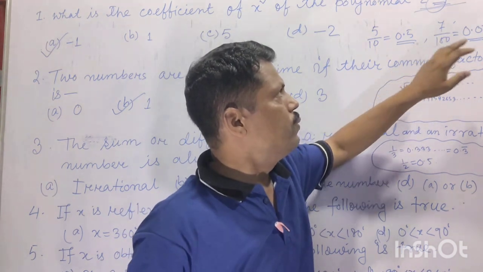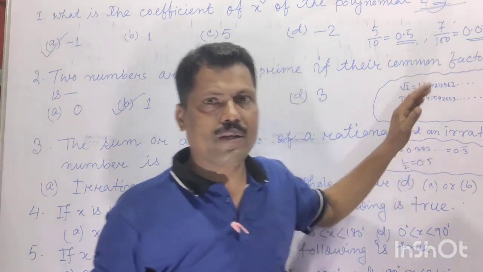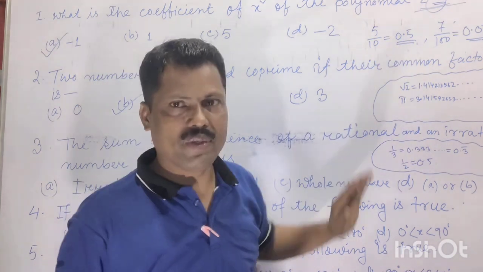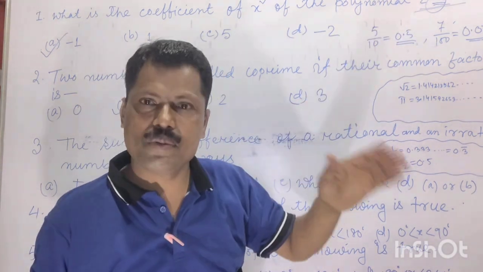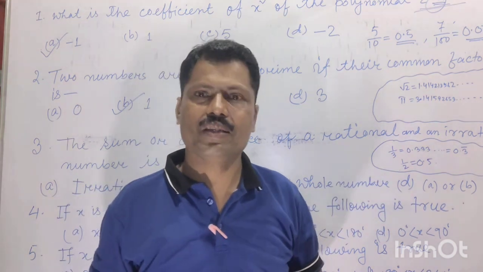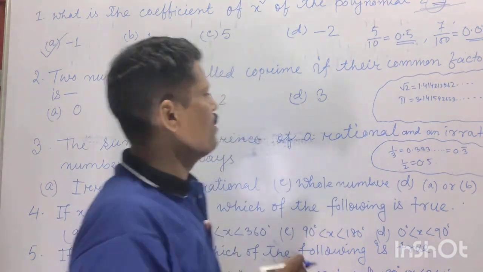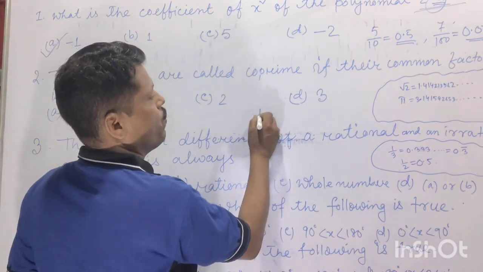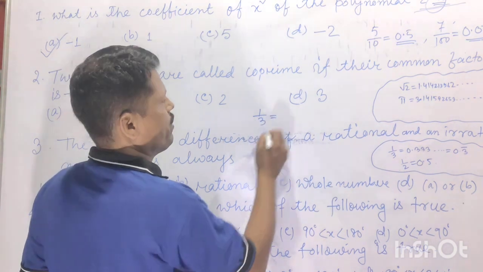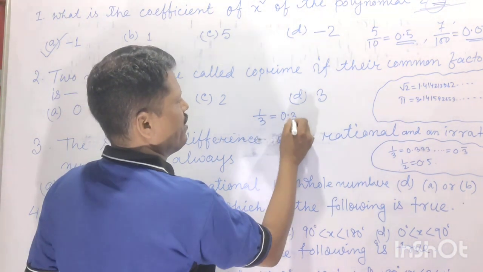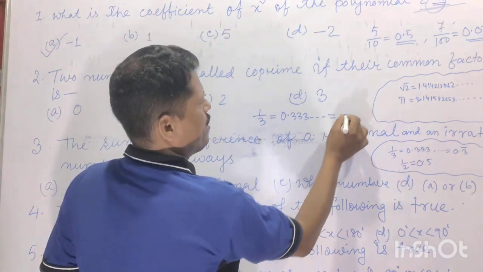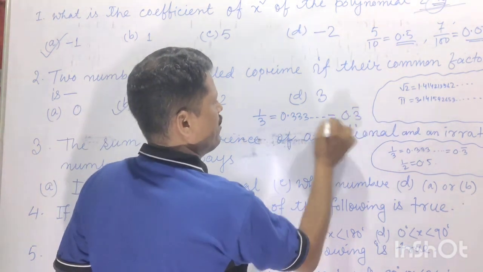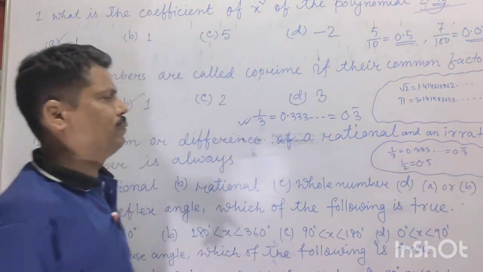A rational number may be terminating, or it may be non-terminating but repeating. If we write 1 by 3, that is 0.333 and so on, which we can write as 0.3 bar. This is also a rational number.